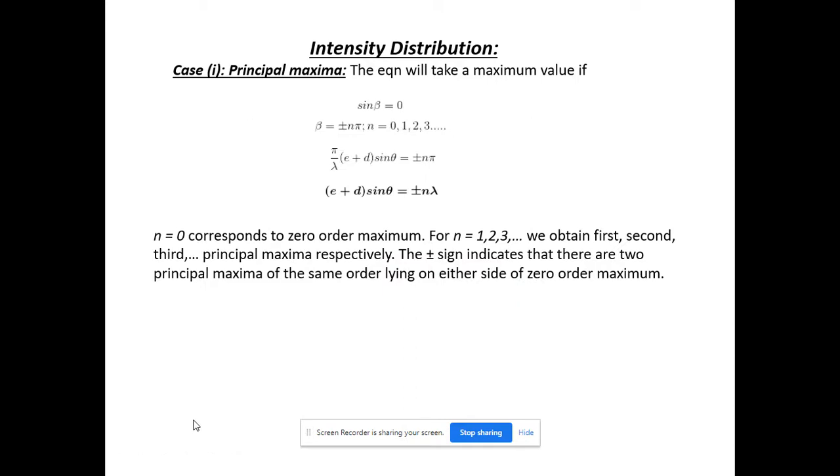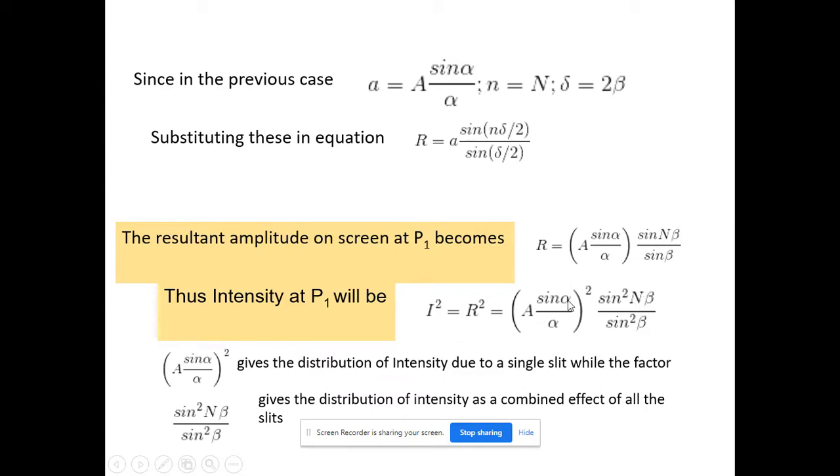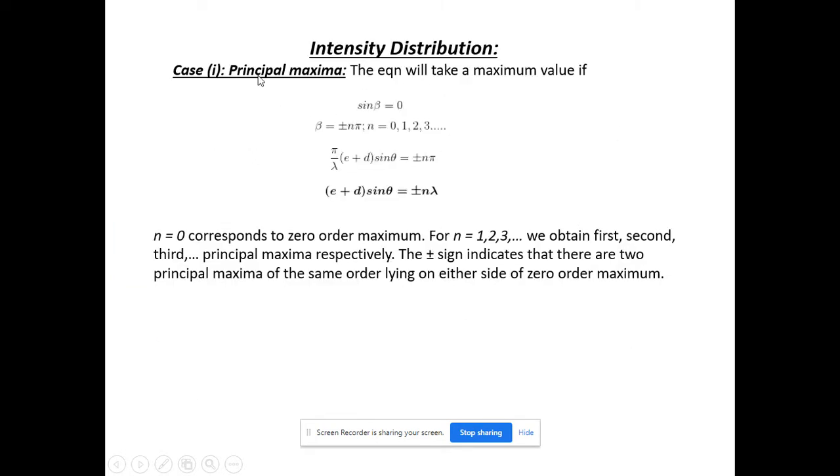Now we look into the intensity distribution, how the intensity is distributed over the screen. The first case is the principal maxima. From this formula, we will consider only this term, because the single slit term has already been discussed. I want this intensity to be maximum, and that gives me the principal maxima.